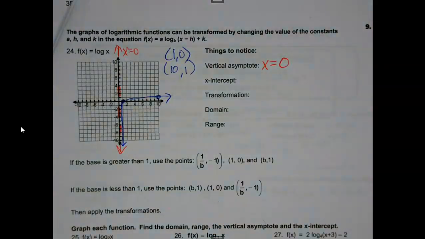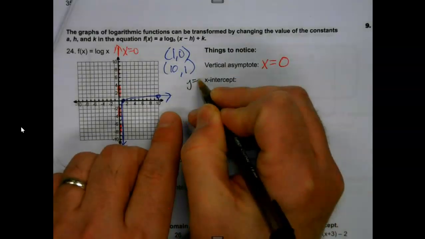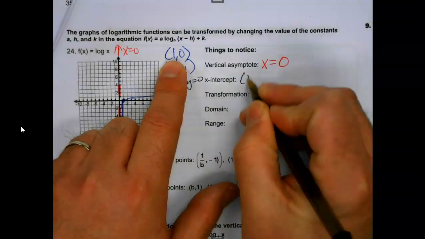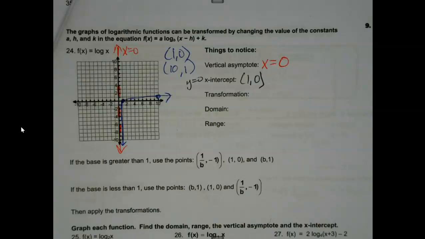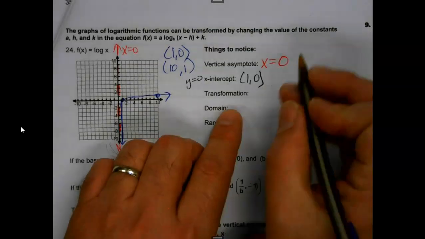We really got to be specific since we have growth and decay ones too with y equals 0. Our x-intercept, which occurs when y equals 0, is (1, 0), just like we said back on page 8 before we started.